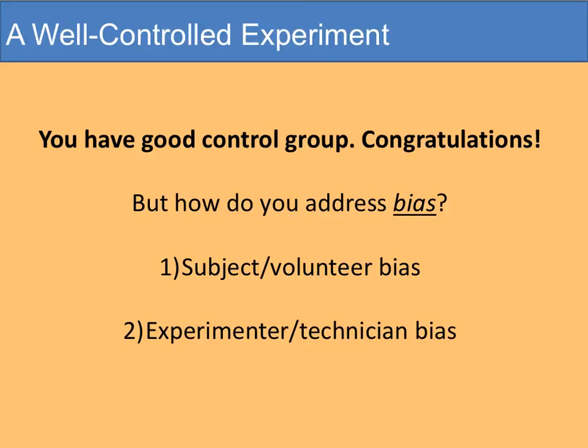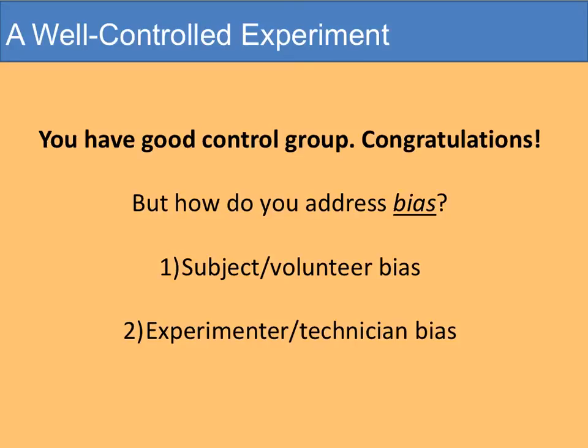So we've talked a little bit about bias, subject bias and volunteer bias. Now, sometimes you can't have blind subjects. What I mean by that is the subjects actually know who got what. Like the ants.